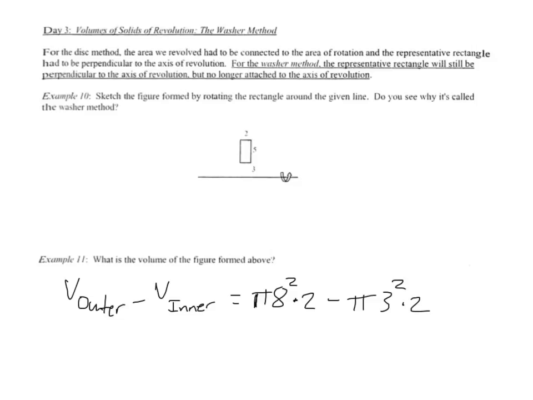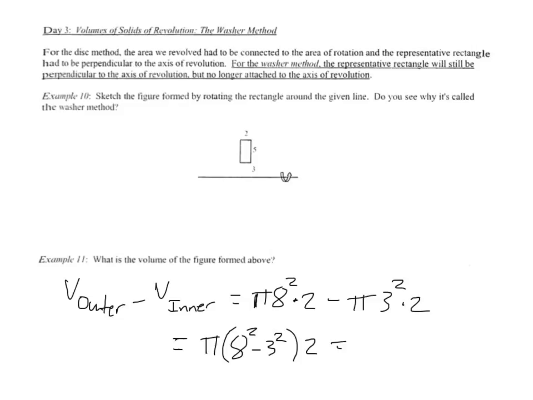But just to show you where our method is going to come from, I could actually factor out a couple things. I could take that pi and bring it out to the front. And then I'm going to take that 2 that they have in common and factor that towards the back. And then what's left behind would be an 8 squared minus a 3 squared, which seems like a really odd way of solving it.